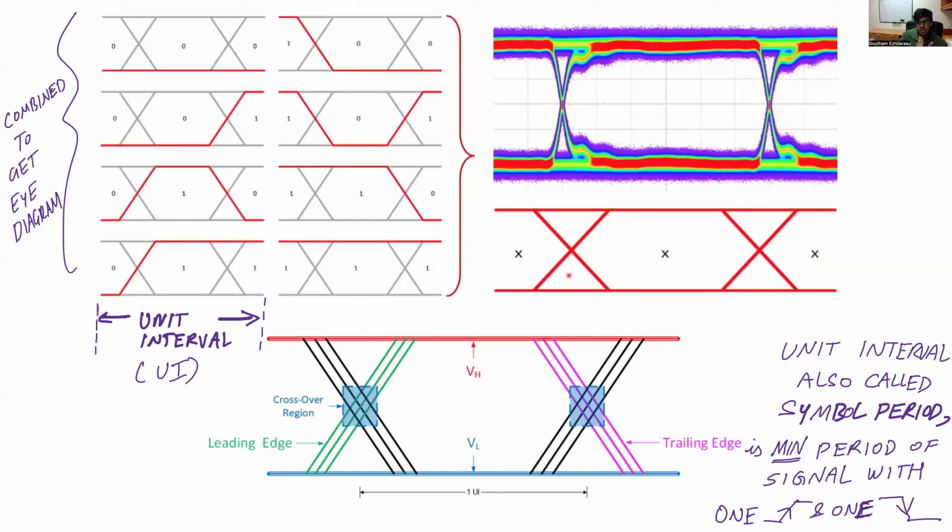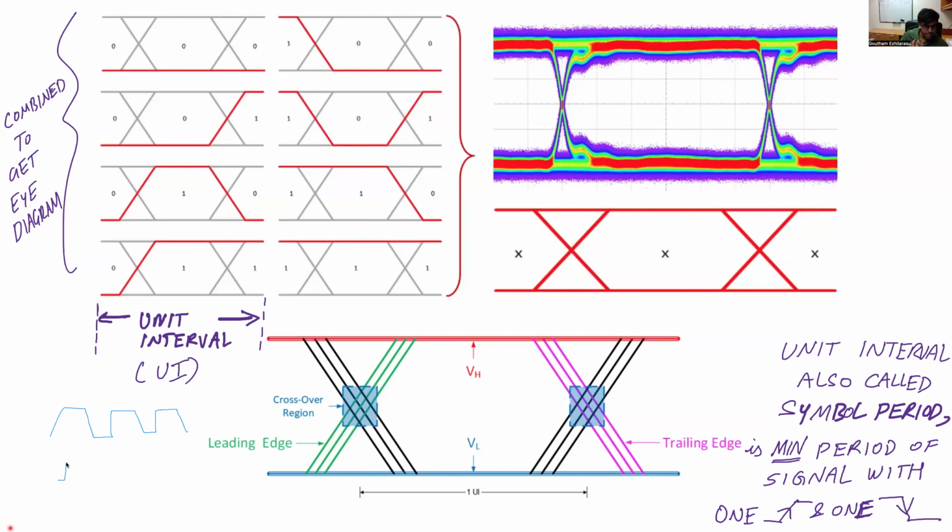So what we are going to do is take a signal in time domain. You're going to have a signal in time domain, something like this. And remember, the unit interval is the minimum interval which has both a low to high as well as a high to low transition, which is also going to be equal to the time period T of the sampling clock.